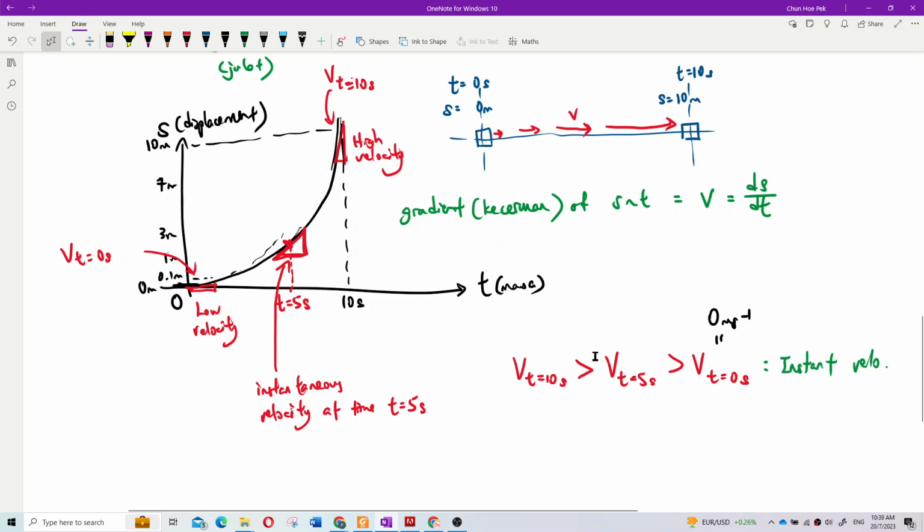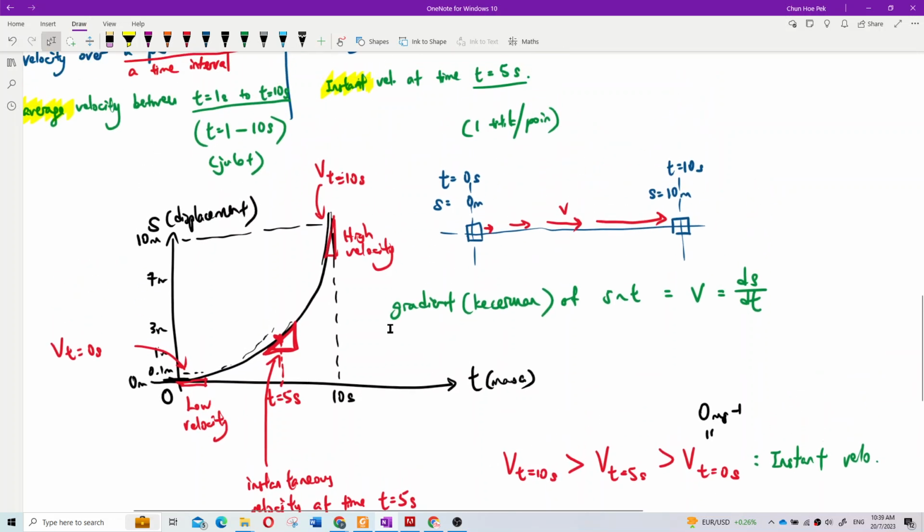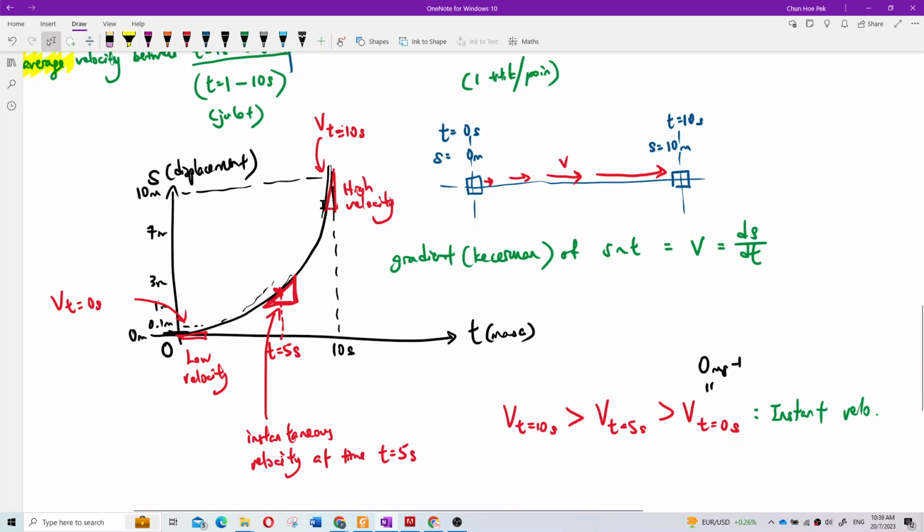So initially velocity is 0 and then it start to accelerate and then become high velocity in the end. So this is instantaneous velocity. They can have different velocity depending on gradient of graph. If the gradient changes, instantaneous velocity also changes.